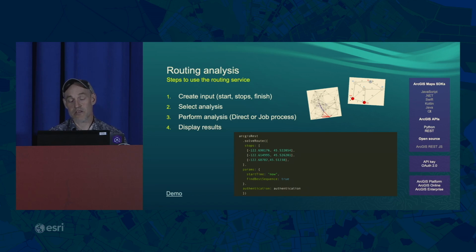So the API, it's one of the few APIs that we have that actually offers both. So you can just do a standard async call and get your values back and use await. Or you can use a job process, which is that 3-step process we looked at before, and then display the results. So here you can see just an example of REST.js where we have some stops defined, we have some params, and then we authenticate, and we're going to solve that route and have a handler to handle the callback information.